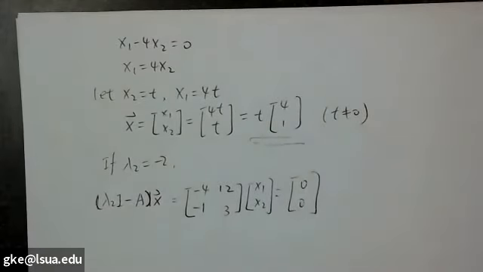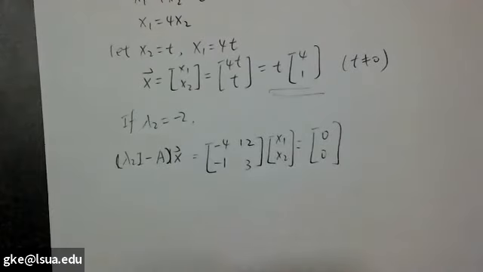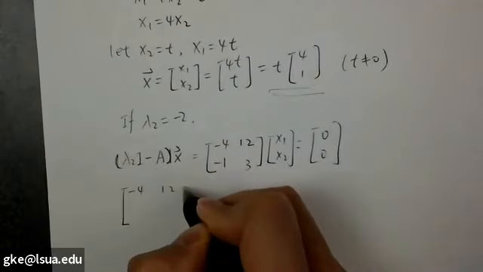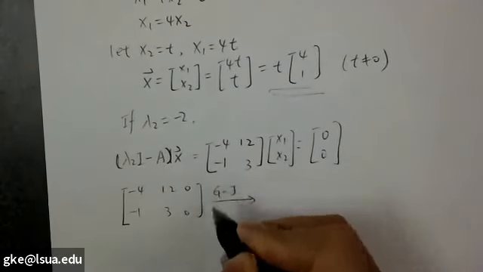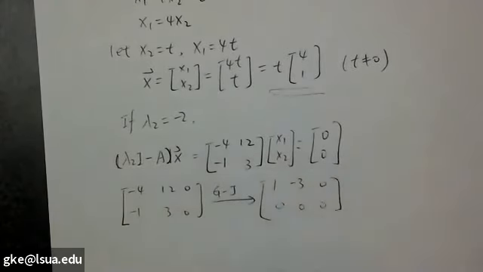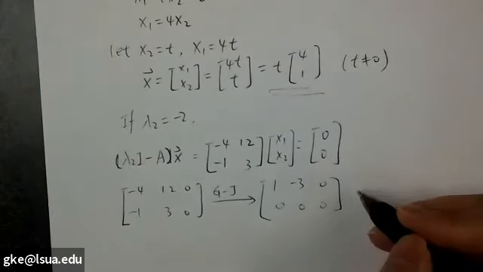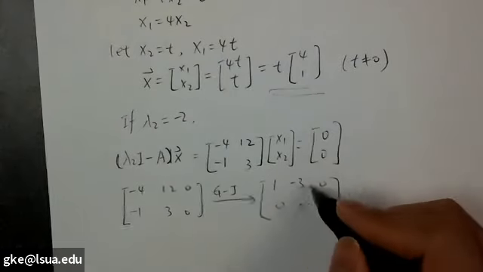And again, you can solve it. We use the Gauss-Jordan elimination, and this will boil down to 1, -3, 0, 0.